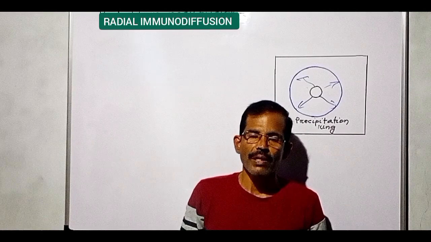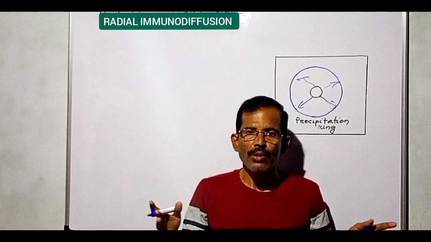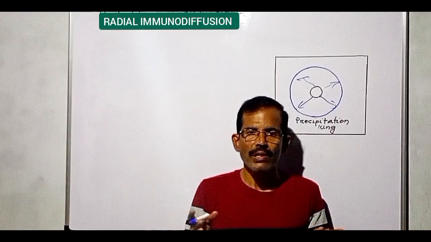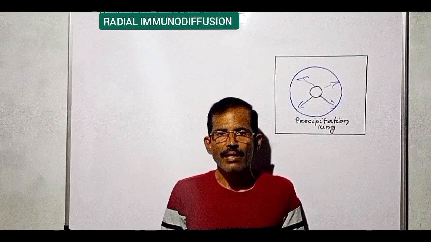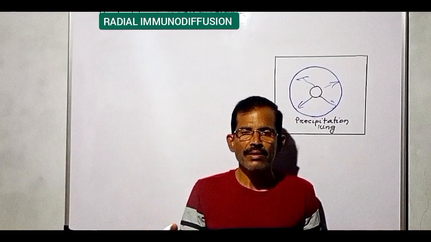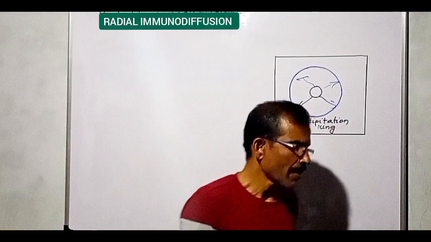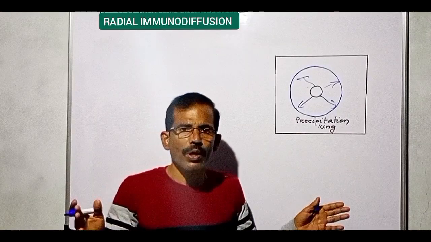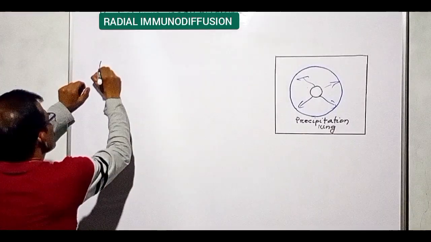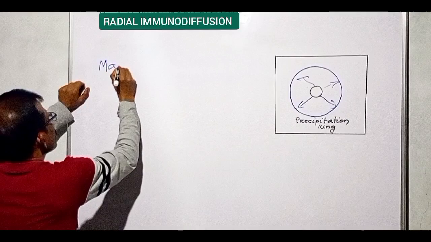Radial immunodiffusion is a simple quantitative assay that is used to determine the concentration of an antigen in a sample. It is also known as Mancini immunodiffusion.